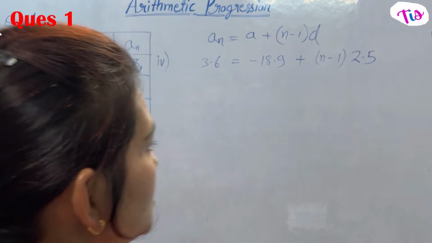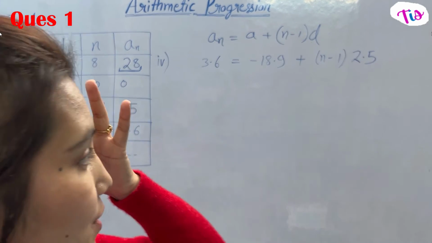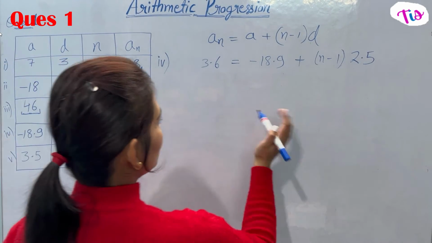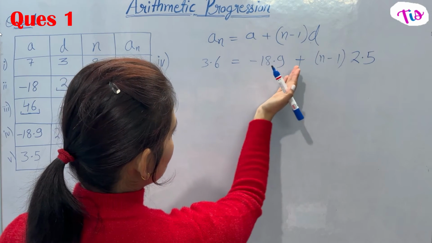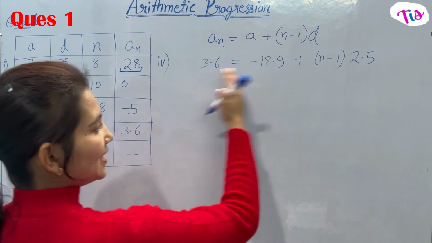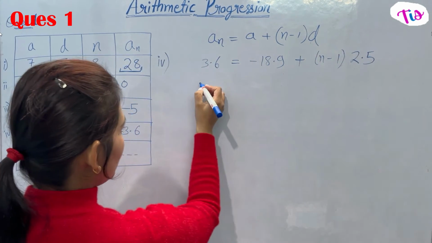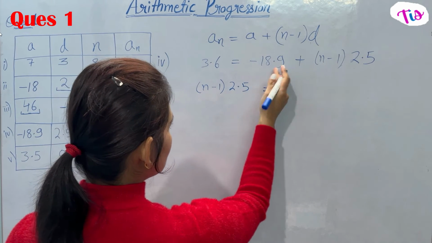Okay. So 3.6 is equal to minus 18.9 plus N minus 1 into 2.5. Now let's solve it. So this is minus 18.9. We'll just bring all the numbers to one side and this expression to one side. So we are left with N minus 1 into 2.5. We'll bring this to that side.